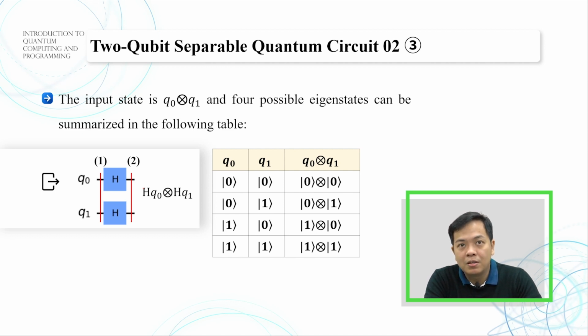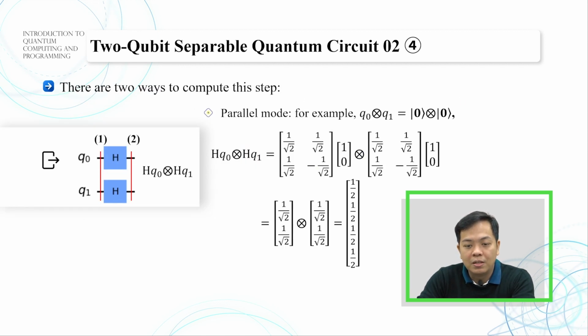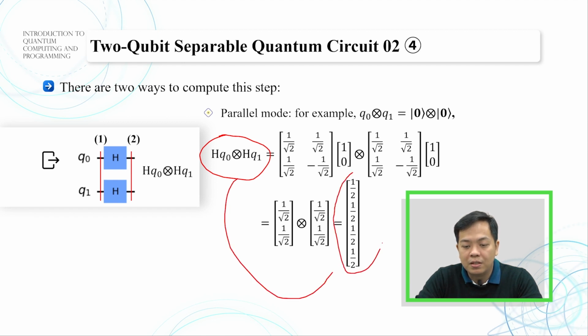We have 2 qubits, so we have a total of 4 basis states: 0 0, 0 1, 1 0, and 1 1. So we can compute the tensor product, following the previous example, and get this final result. Over here, this is very important.